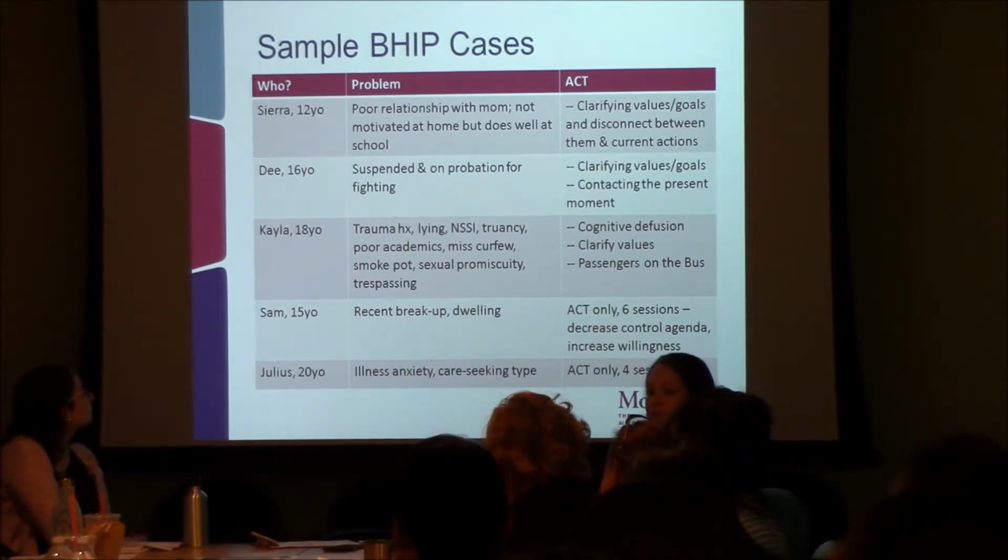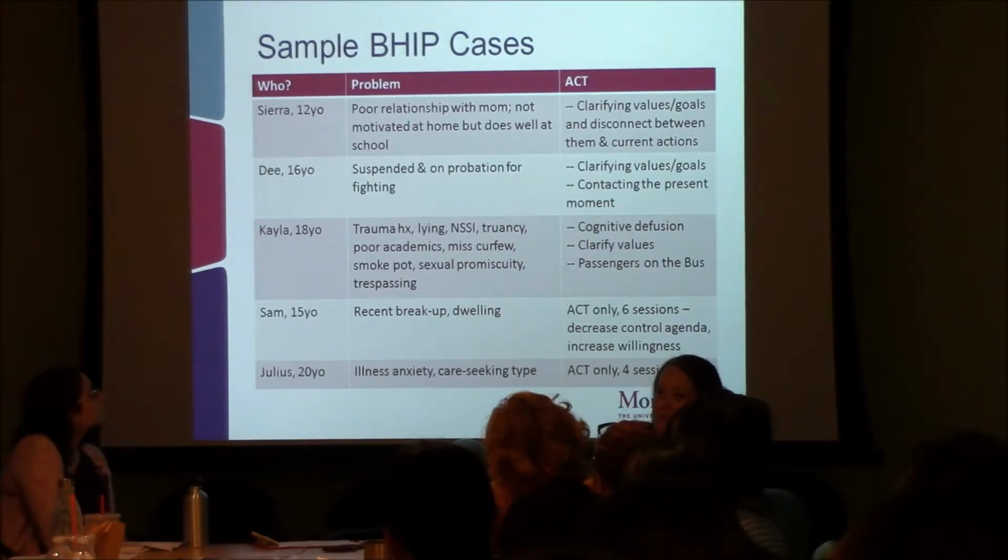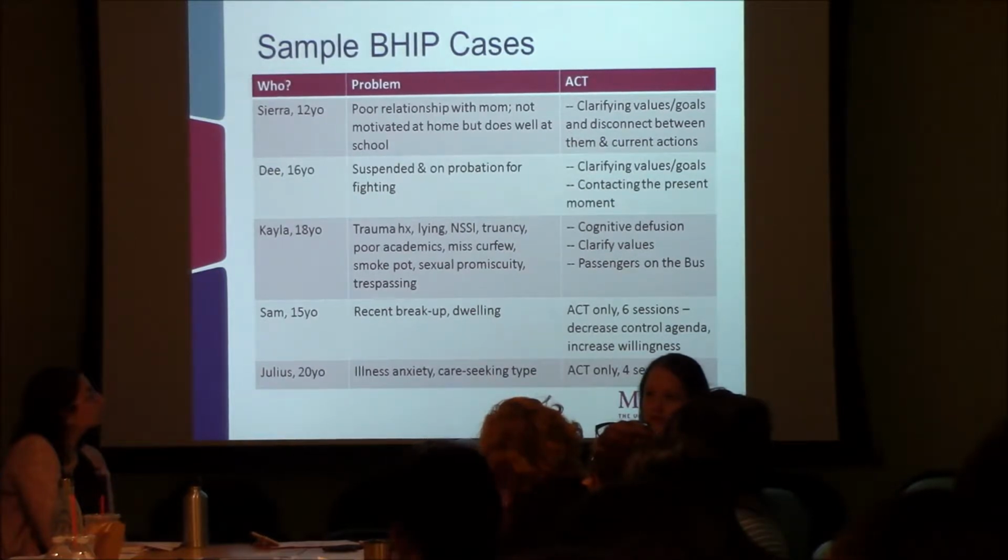She was an ideal, perfect student at school, but when she got home, it was a totally different situation. And so before diving into any sort of family work with them, I spent some time with Sierra working on identifying her values and goals, what's important to her, and then helping her figure out the disconnect between what's important to her and what she's currently doing.